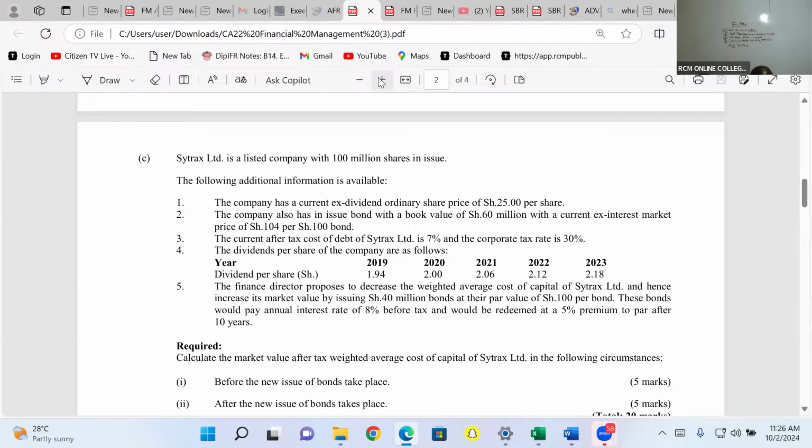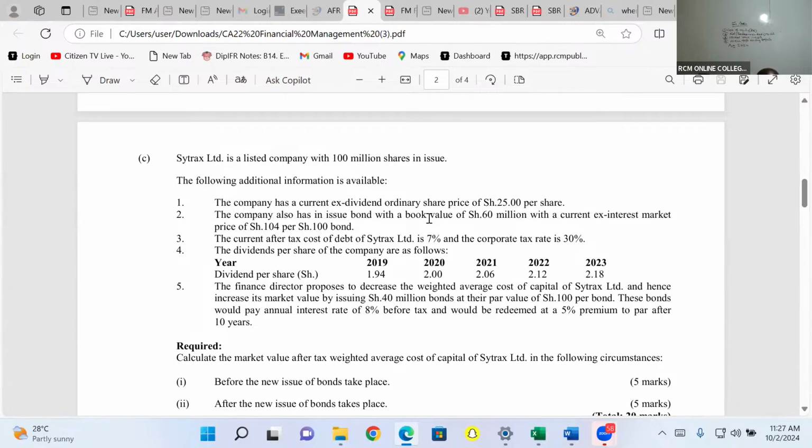Note 2, the company also has in issue bonds with a book value of 60 million with a current ex-interest market price of 104 per 100 shillings. The current after-tax cost of debt of Co Limited is 7%, and the corporation tax rate is 30%.